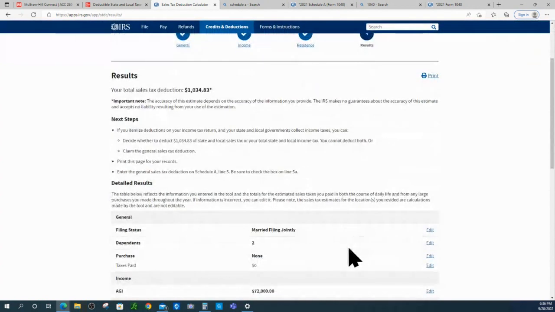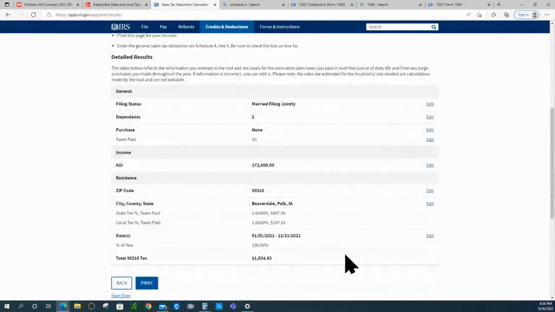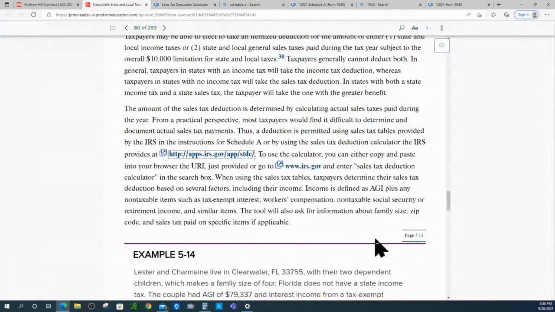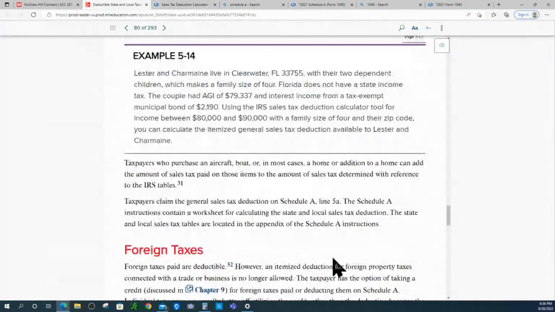For most people, they will have paid more in income taxes than in sales taxes, but you do get a choice between the two.